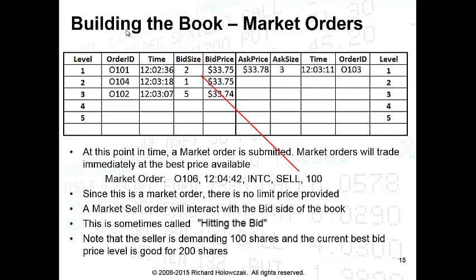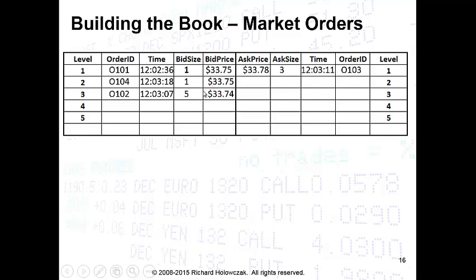So clearly, if there's 200 on the bid ready to be bought, and we have 100 that need to be sold, there's going to be enough here to satisfy that order. And so really the only effect that's going to happen on the order book is the 100 shares will be sold at 33.75, and this bid size will be reduced by however much the market order is looking to sell. And so basically we just see that 200 shares went down to 100 shares.